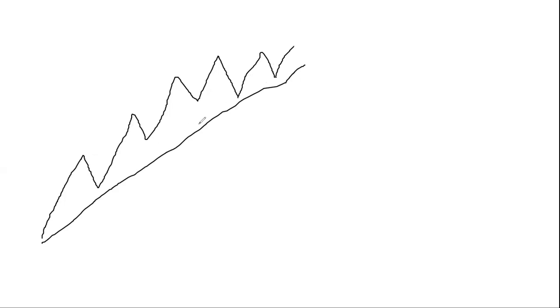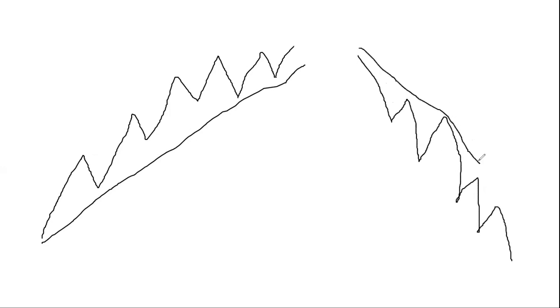This is what we call a trending market. What kind of trending market is this? This is an uptrending or bullish market. A downtrending market looks like this: an impulsive move, a retracement, an impulsive move, a retracement. This is an example of a downtrending or bearish market.